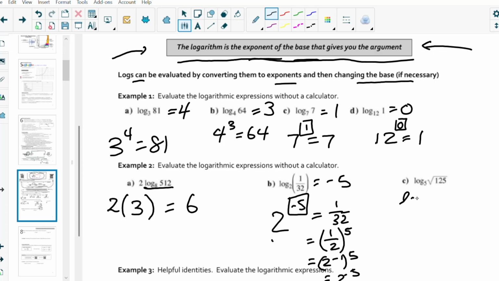Oh, what about a radical? So if I rewrite this, log base 5 of 125 to the 1/2. What's the square root of 125?